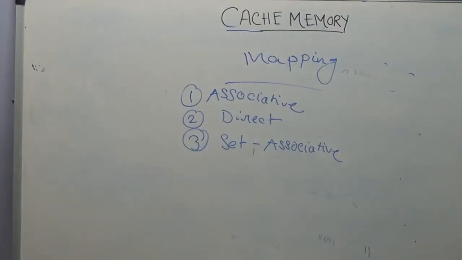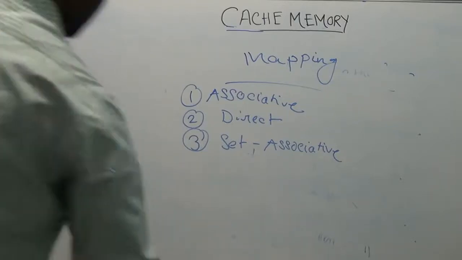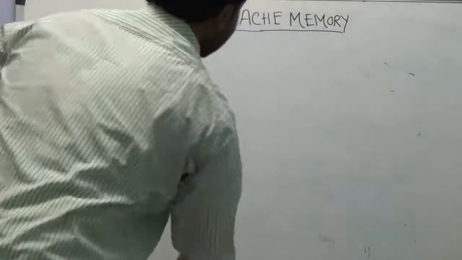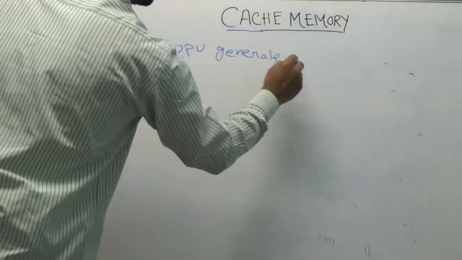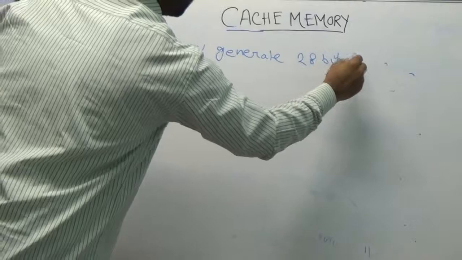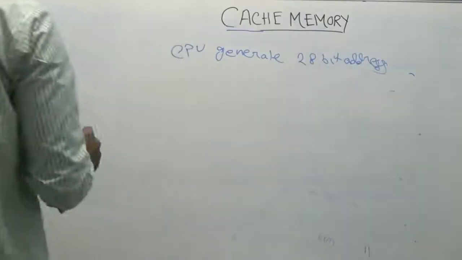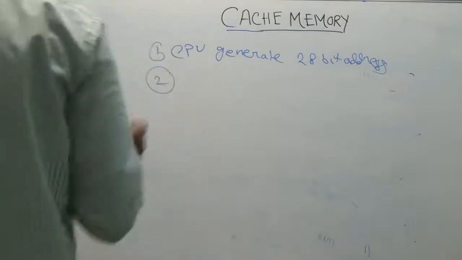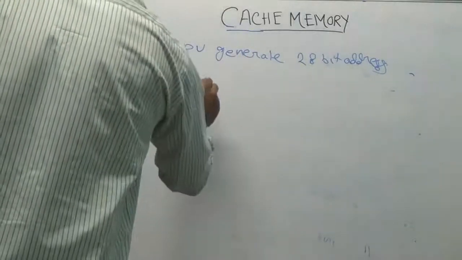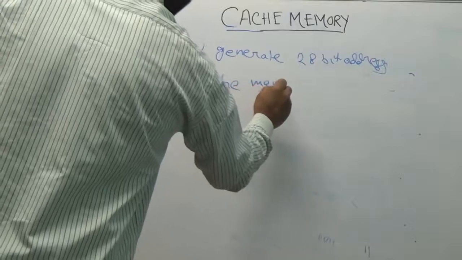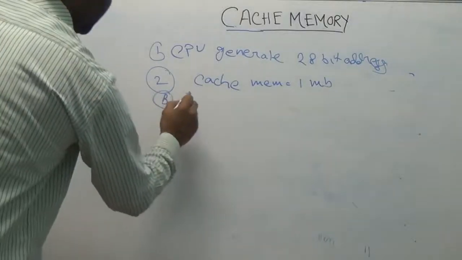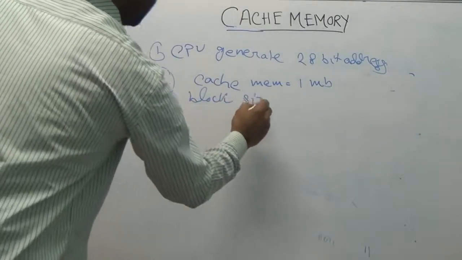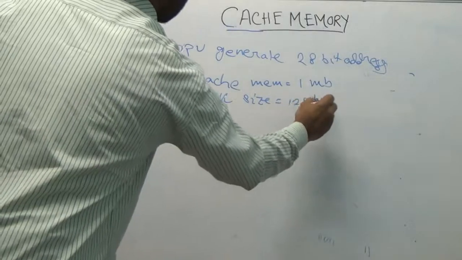Next, I am giving an example to understand the different cache mapping techniques. Suppose the given problem is: number 1, CPU generates a 28-bit address. Number 2, the size of the cache memory equals 1 MB. Number 3, block size equals 120 bytes.